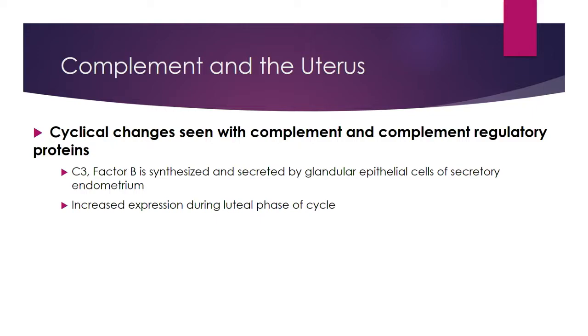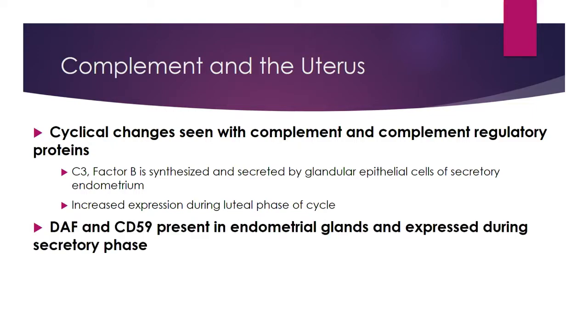So what we do know about complement in the uterus is that there are cyclical changes with complement and complement regulatory proteins. So C3 and factor B are actually synthesized by glandular epithelial cells of the secretory endometrium, with increased expression during the luteal phase.